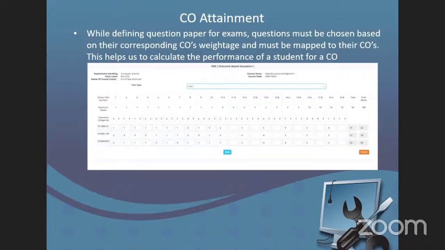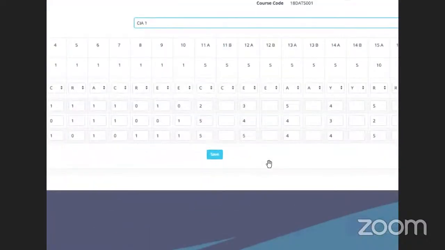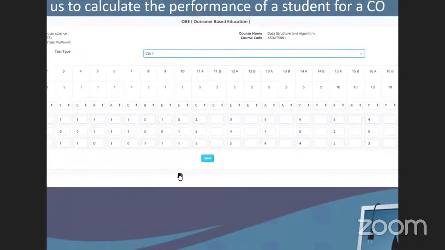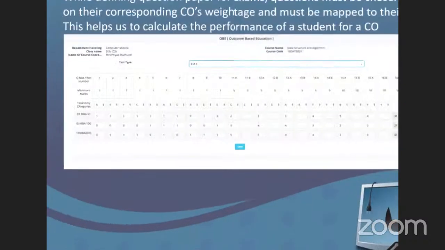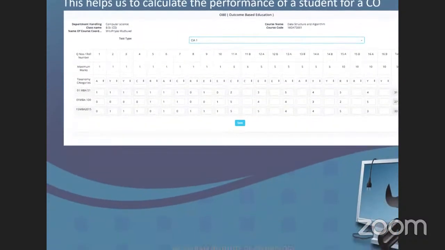I should mention in bracket CO1. What is the meaning of it? First question is mapped to CO1. Second question is mapped to CO2. Third question is mapped to again CO1. So for all the questions that I ask in the question paper, definitely I need to mention the COs. This is the first step.